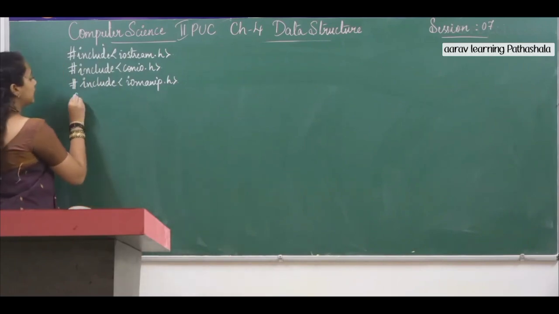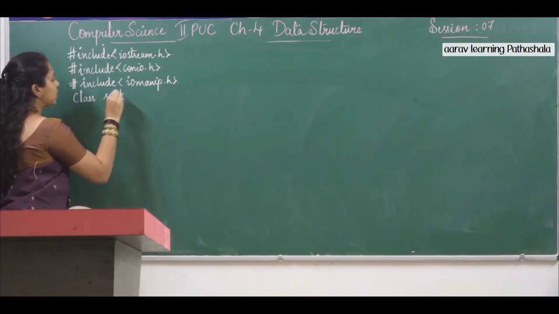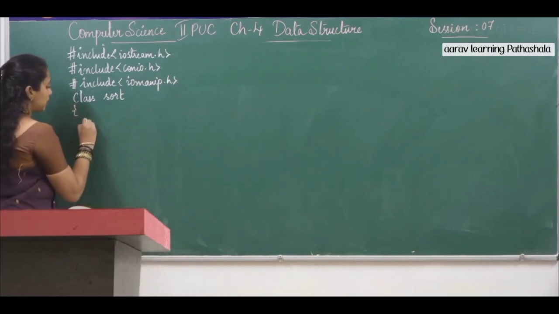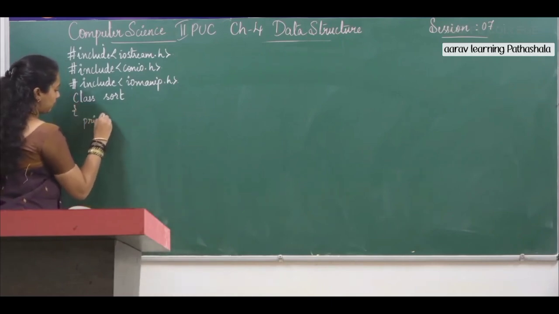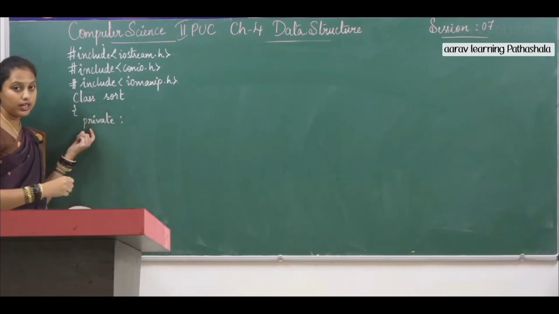Now I am creating a class called sort. Inside the class, in the private section, you have to write p in small letter.